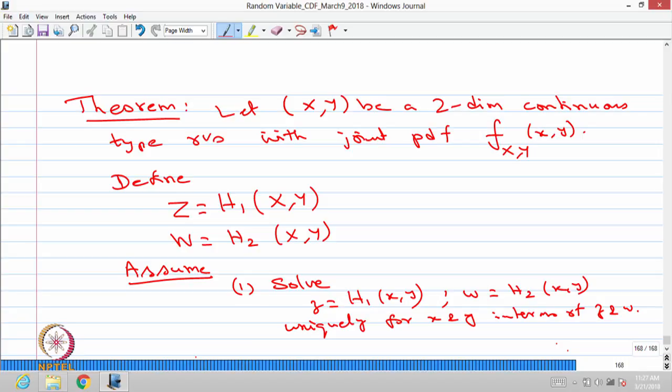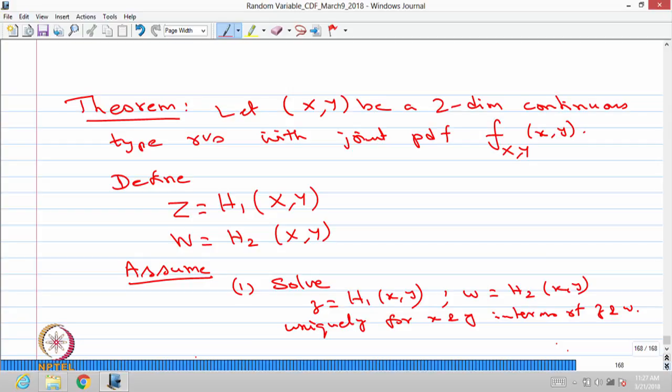I am replacing capital Z by small z, capital X and Y by small x and y. Therefore, whatever transformation I made, Z equal to h1 of (X, Y), W equal to h2 of (X, Y), I am going to solve those with the smaller letters, because I am consistently using the capital letter for the random variable. So, I am solving this equation uniquely for x and y in terms of z and w.